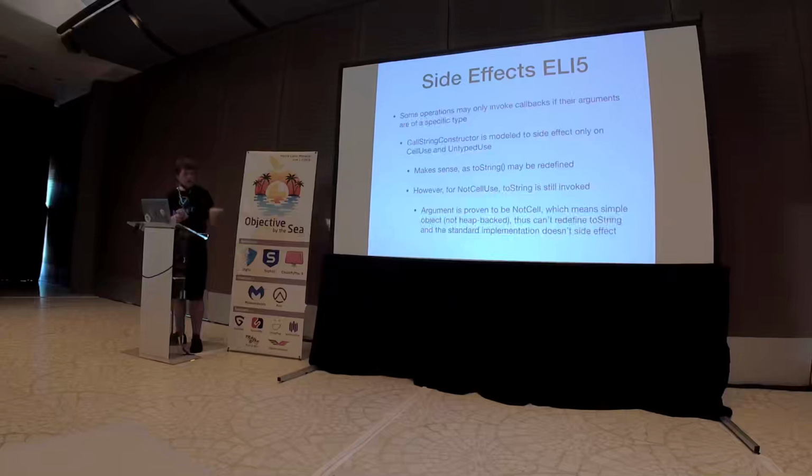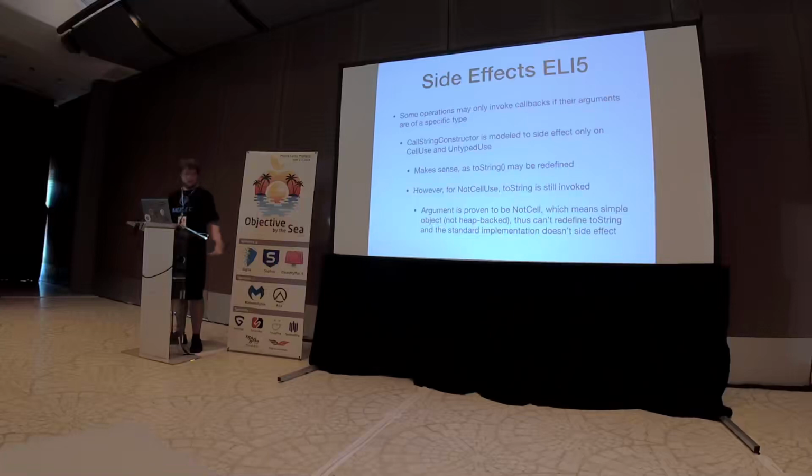And additionally, some operations might only invoke callbacks if their arguments are of specific type. And call string constructor in our case is very interesting because it's modeled to only side effect on cell use and untyped use arguments, because those two types are the types that represent arbitrary JavaScript objects, and in those you can redefine toString.